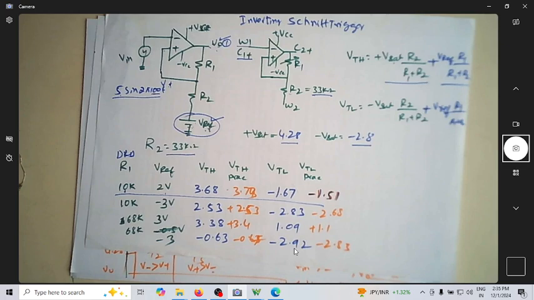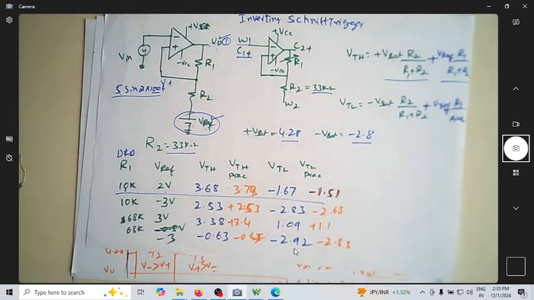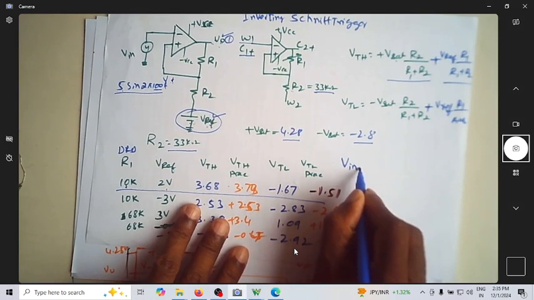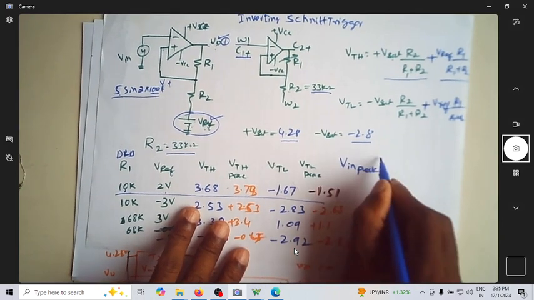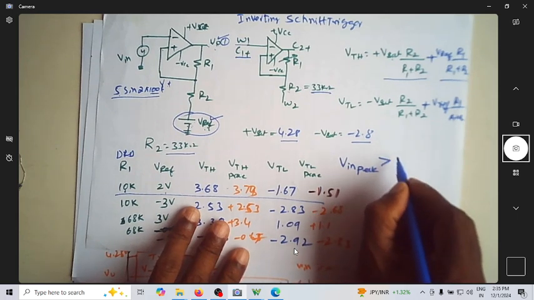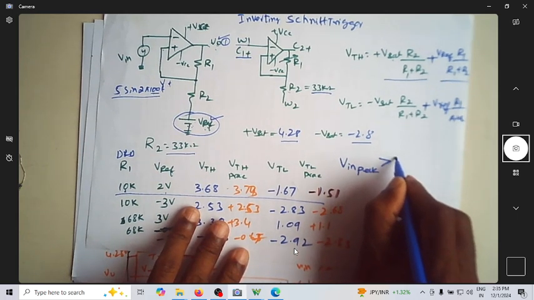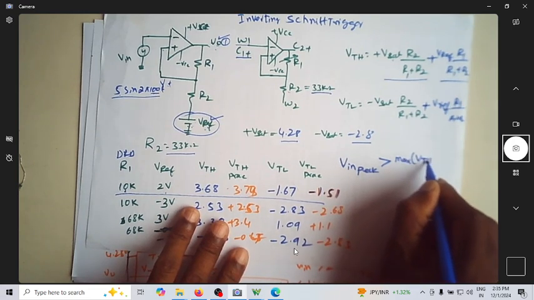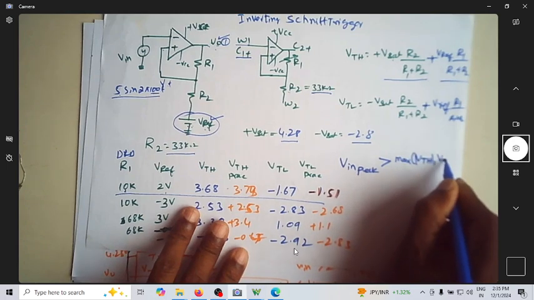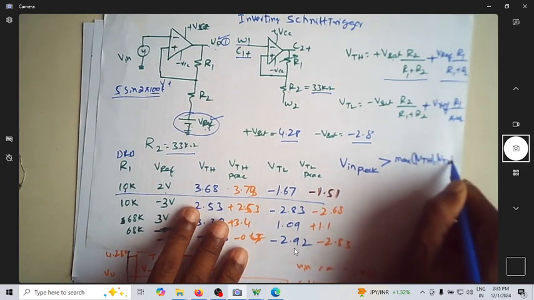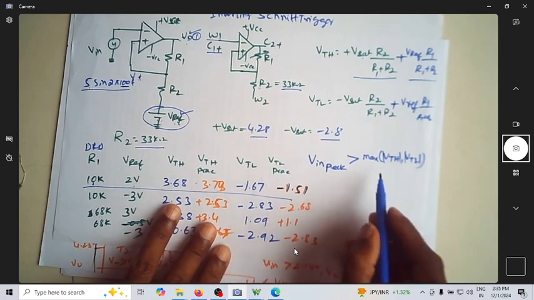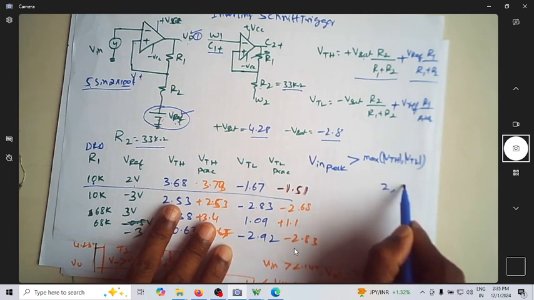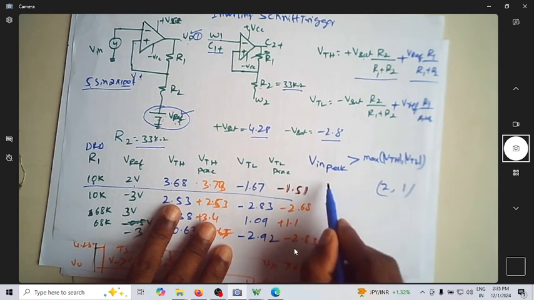So let me write that. V in amplitude or peak should be greater than the maximum of VTH magnitude and VTL magnitude. So if it is 2 and 1, then input should be more than 2 volt.